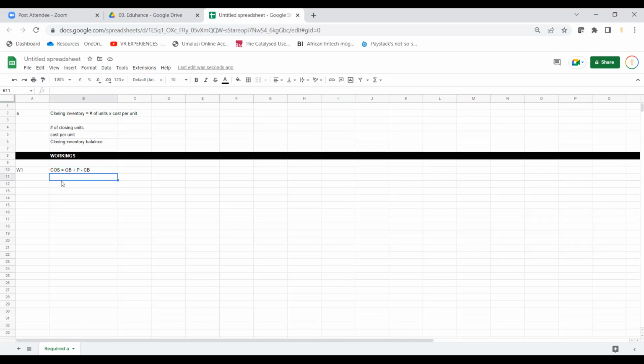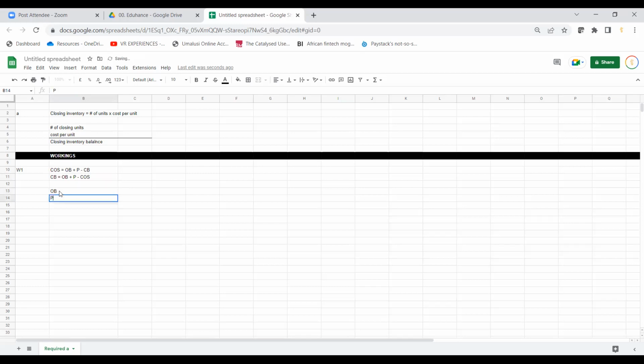Okay, so rearranging the formula, closing balance equals opening balance plus production minus cost of sales. Cost of sales is basically the items that are sold. So let's rearrange it into a spreadsheet format.